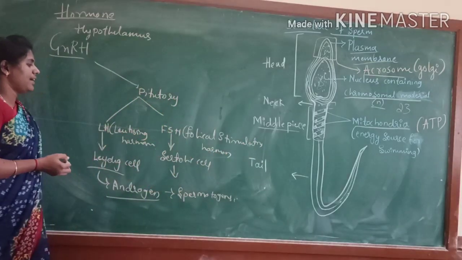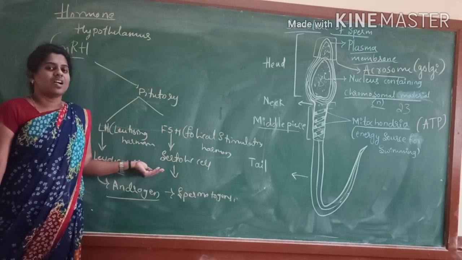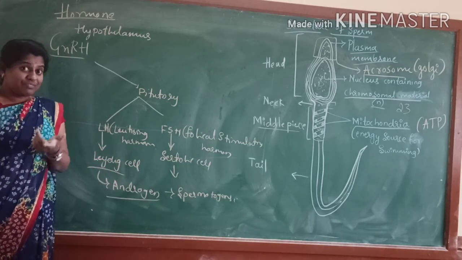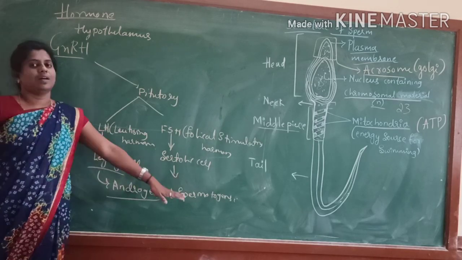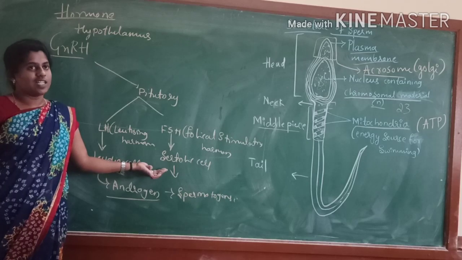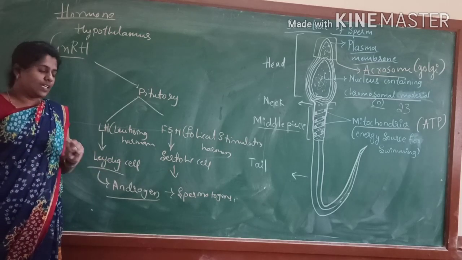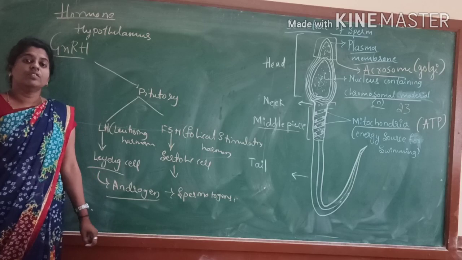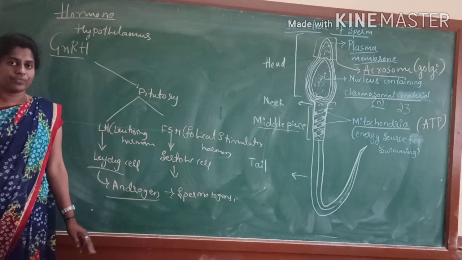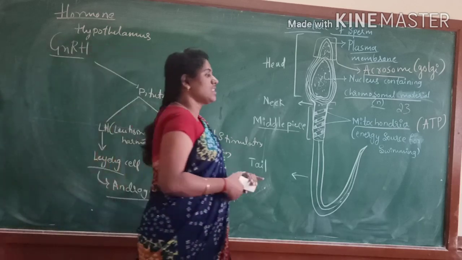FSH acts on the Sertoli cells, and the process is controlled. When the process is complete, inhibin from the Sertoli cells controls the main process of spermatogenesis. Understood? Okay.